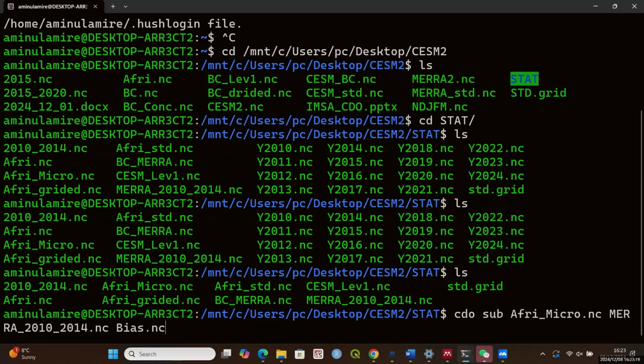I hope it works. Because you can do all the things and then you find that it doesn't work. Or you can just follow this command: CDO space sub, then your in file, another in file. So this one has two in files.